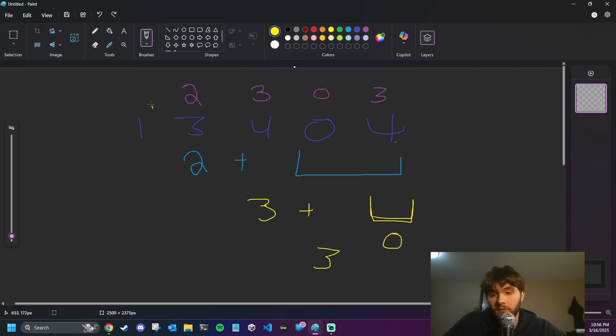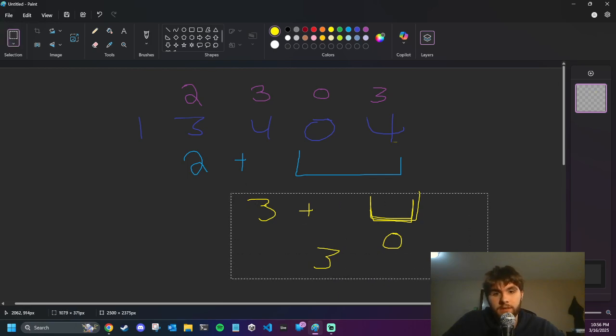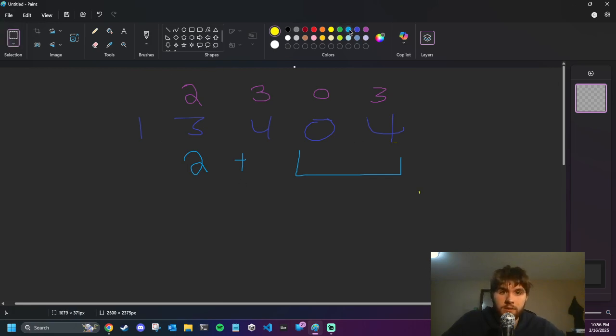If we buy here and sell here, then our whole system is 3 because it's equal to 3 plus whatever we can get from here, and this is 0. So that's 3. In this case, it's 2 plus whatever we can get here.